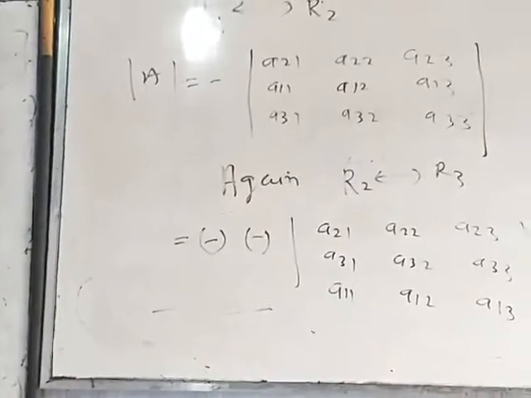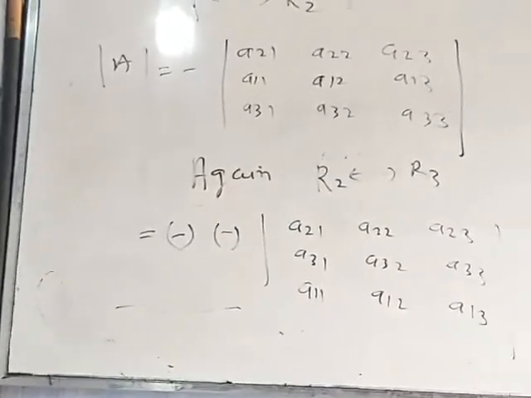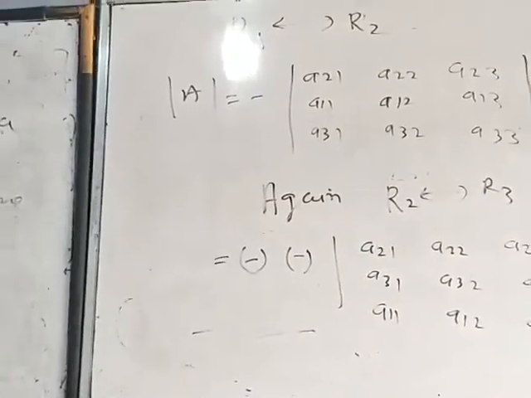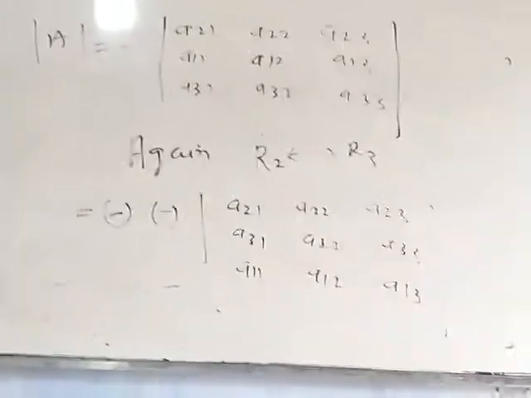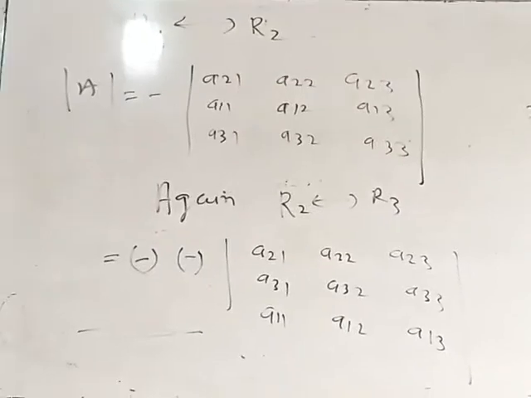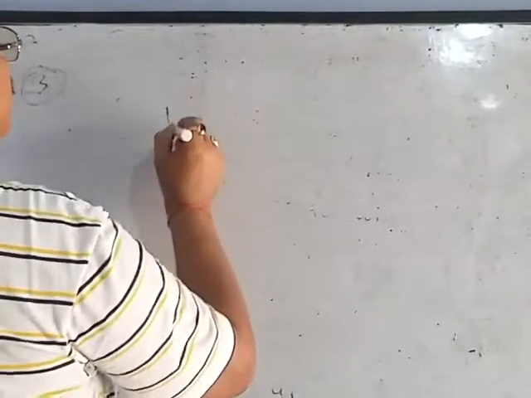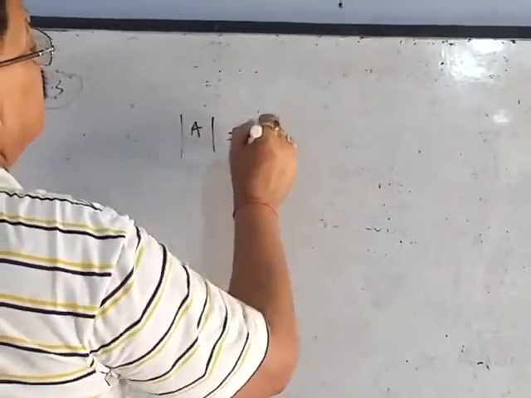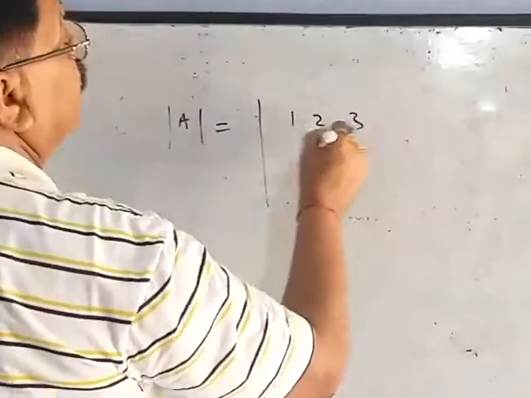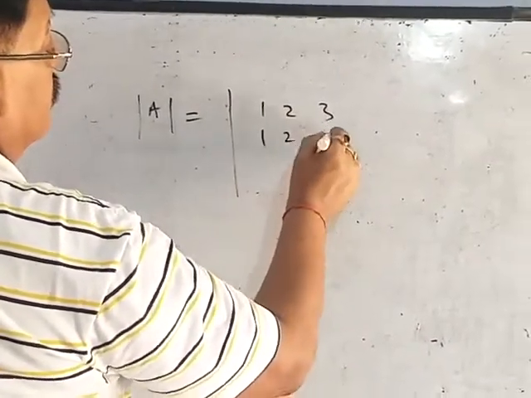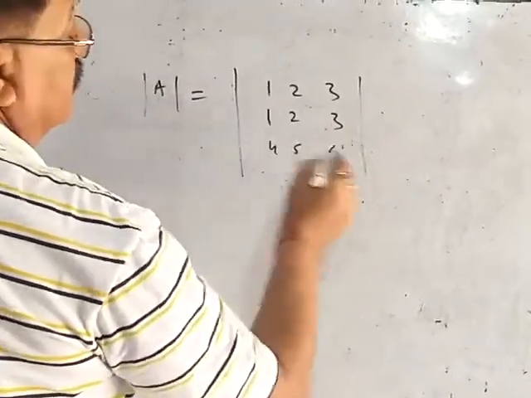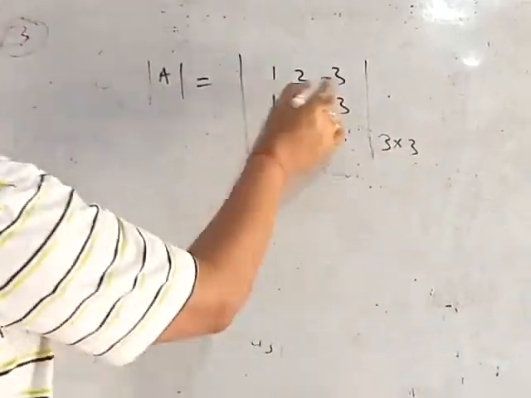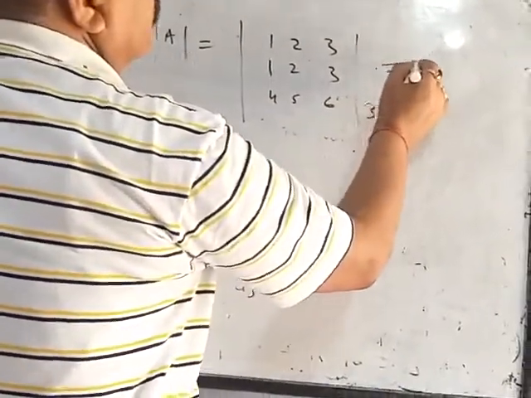Now the third property, student. If A is a determinant with first row 1, 2, 3 and second row also 1, 2, 3, and third row 4, 5, 6, here two rows are the same, so the value is equal to 0.